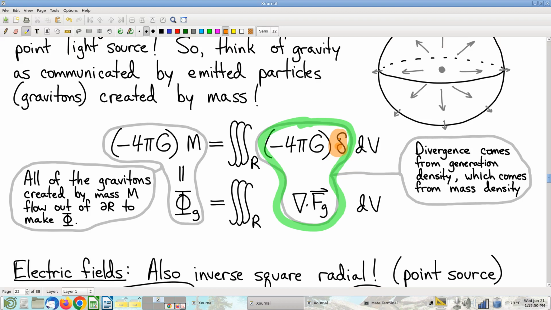So this gravitational field right here is an absolute nightmare to compute. Absolute nightmare. Oh my gosh. I'm not even going to begin to try to compute that gravitational field, but I can compute its divergence basically effortlessly. So it's a really, really powerful conclusion.